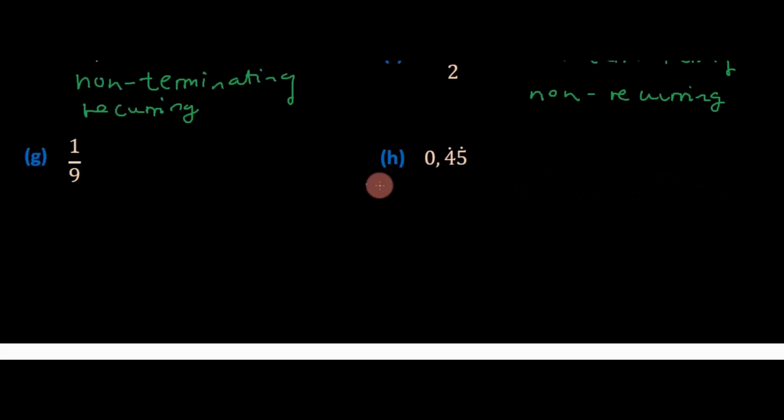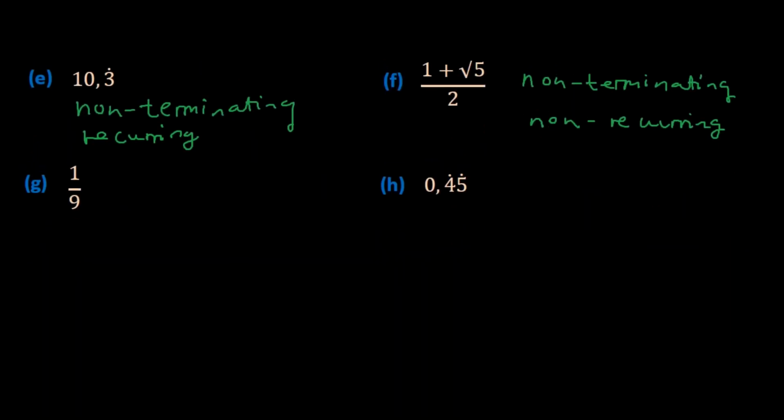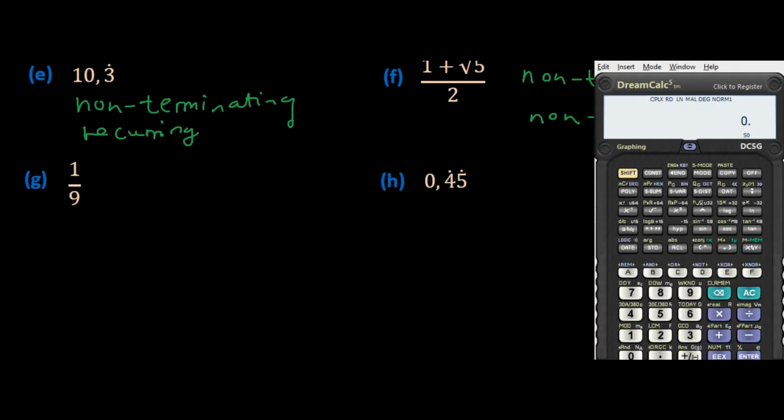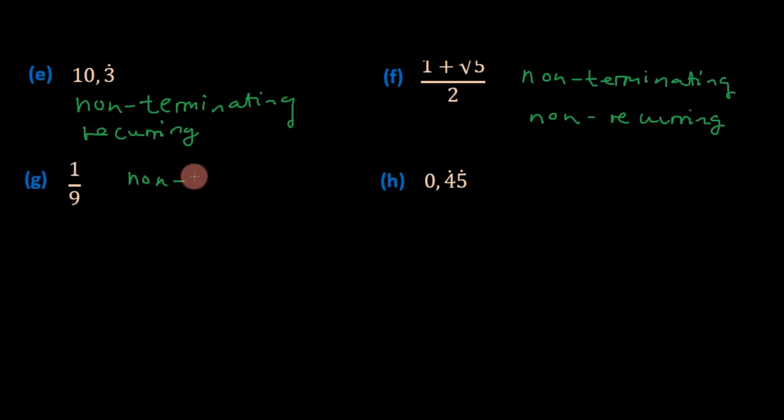Then a ninth, or 1/9. Let's check. 1 divided by 9. It's non-terminating but recurring. So non-terminating, but the 1 is repeated after the decimal, so it's recurring.